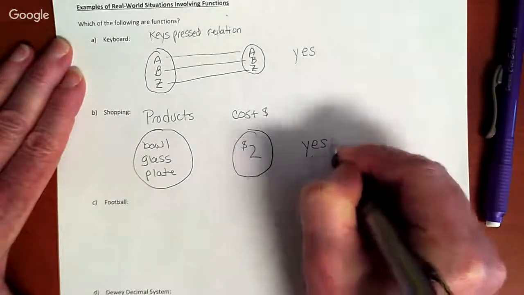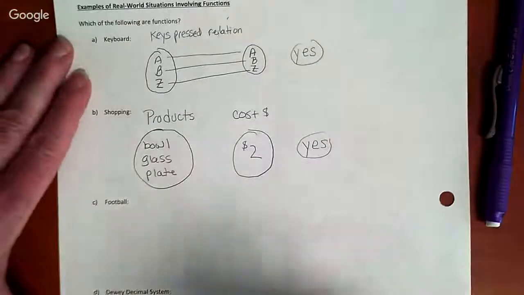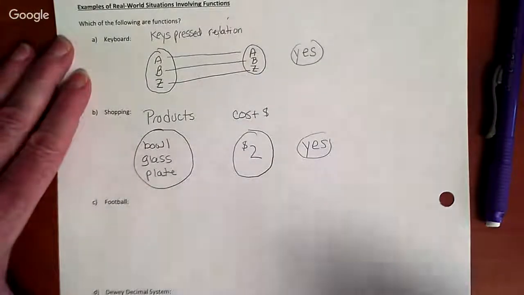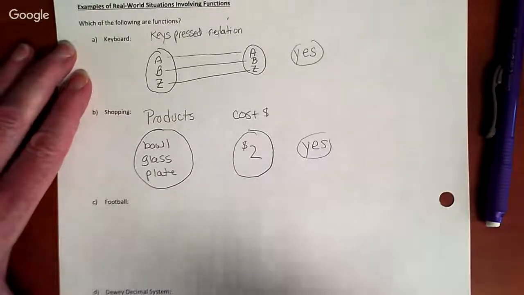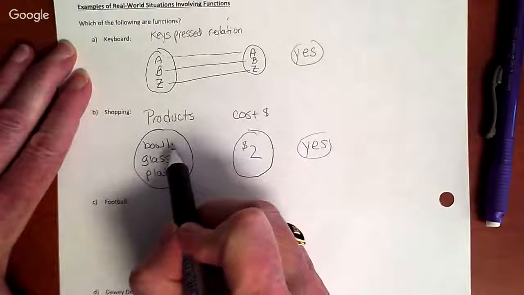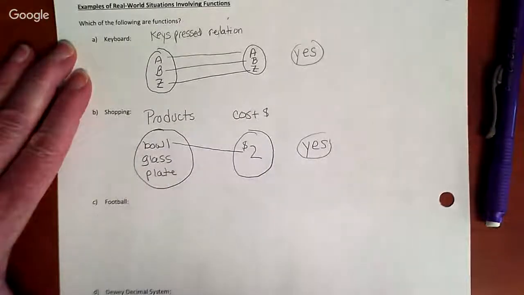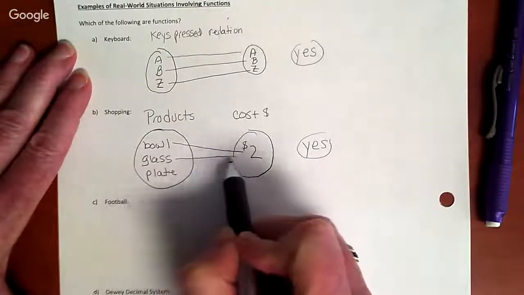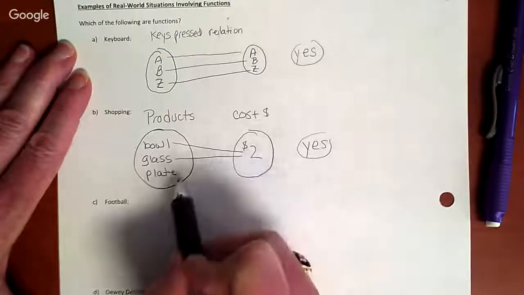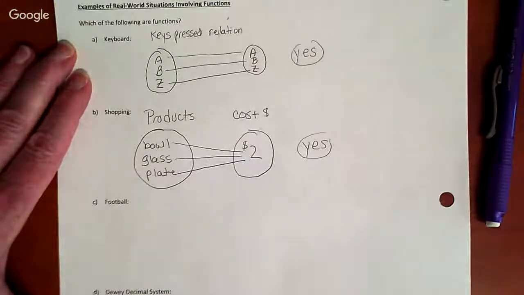The reason is that each X value, each input, has a unique output. One input has one output, though they are the same.